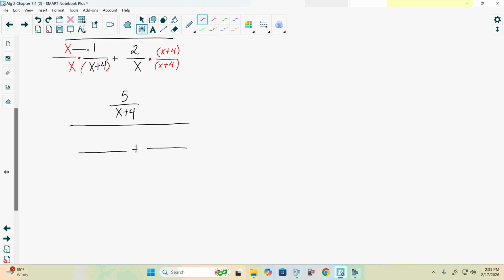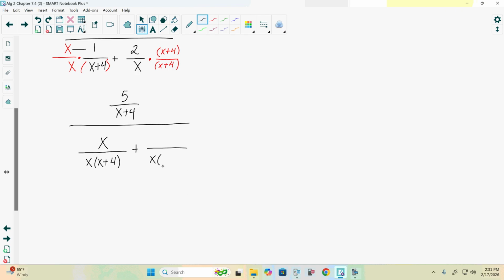Now this first expression, 1 times x, is going to be x. Now the denominator x times x plus 4, we're going to leave it as x times x plus 4. Because when we add or subtract two fractions, the denominators have to be the same, and when they are, it just stays that one expression. We're not having to combine like terms, we're not having to simplify, it's just going to stay x times x plus 4.